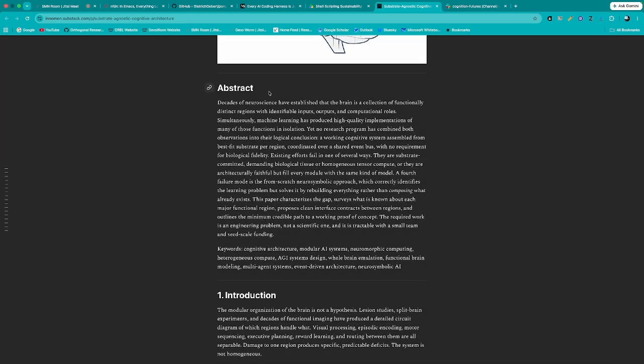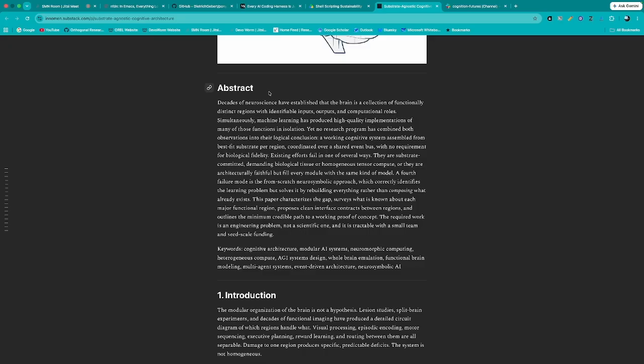So this abstract says, decades of neuroscience has established that the brain is a collection of functionally distinct regions with identifiable inputs, outputs, and computational roles. And we go to the history of neuroscience, where people have been able to localize function and measure that, and then figure out how that relates to behavior.